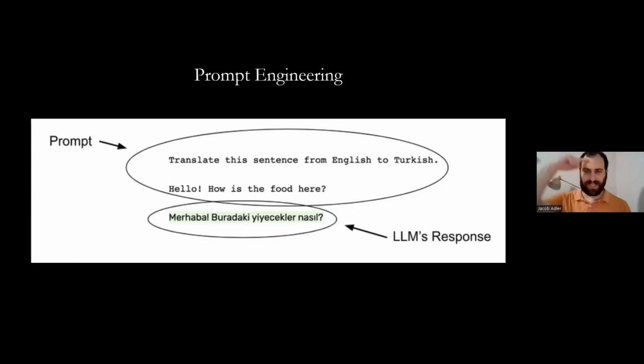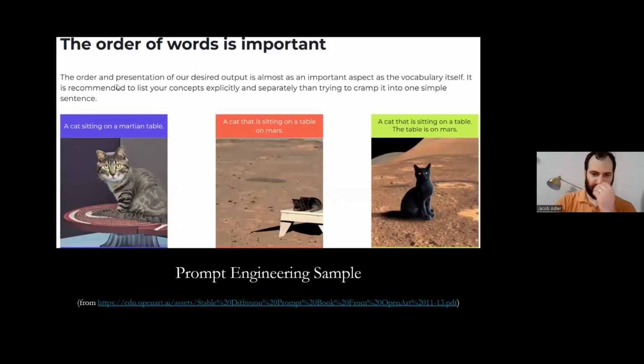And this snippet here is from a guide about prompt engineering, where it's sort of advising you about when to be very direct, how much detail to include and how to include that detail. Here is a sample about a pretty simple translation from English to Turkish. And it's sort of showing you in a very basic kind of text sort of way. But there's also other things to consider too.